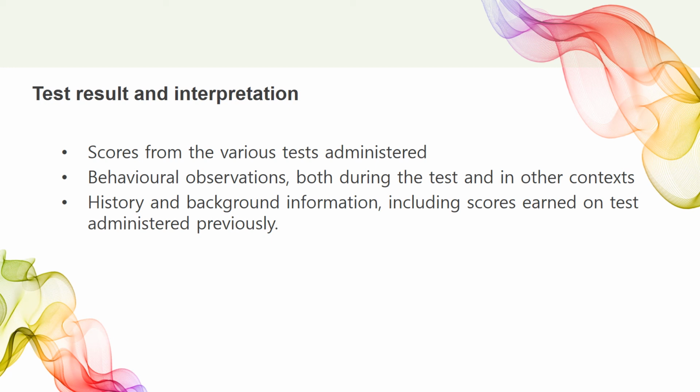For example, you would not hypothesize that a child has poor visual motor integration based solely on a low score on a visual motor integration test. Even if the child scores poorly on two such tests, there needs to be at least some parallel evidence from outside the testing environment.